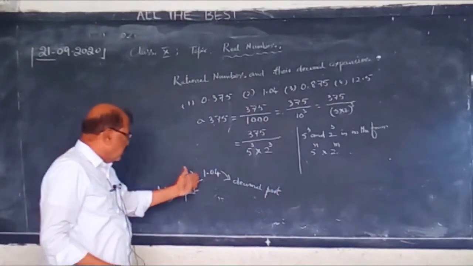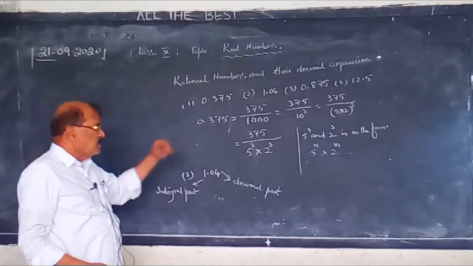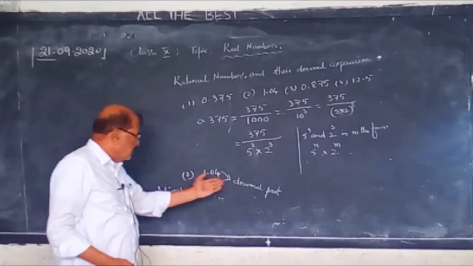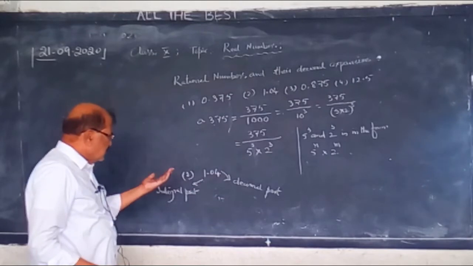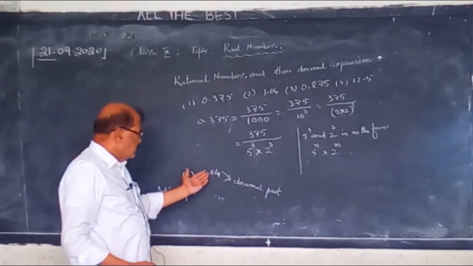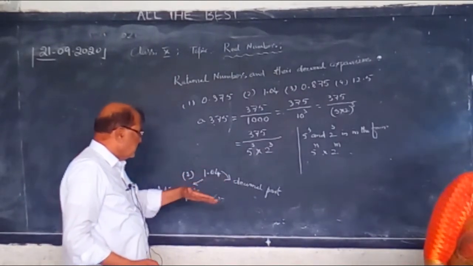The integral part is nothing but natural numbers. The decimal part can be read as 0.04.